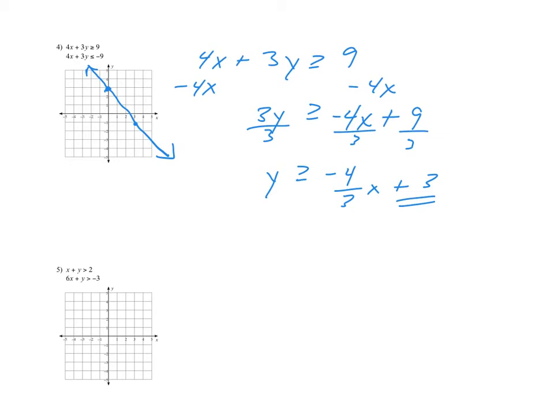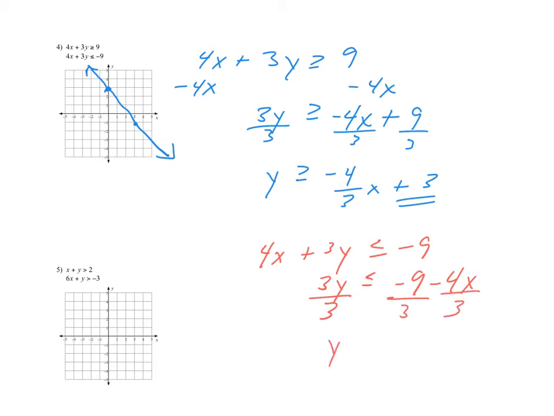I'm going to change this equation into slope-intercept form. I would have 3y, I would subtract the 4x over, I divide by 3, so negative 3 minus 4 over 3.